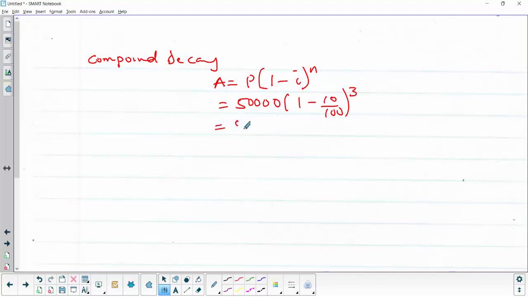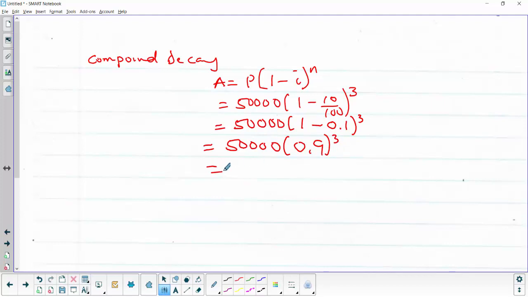So we are going to have 50,000 into 1 minus 0.1 raised to power 3, which is 50,000 into 0.9 raised to power 3.